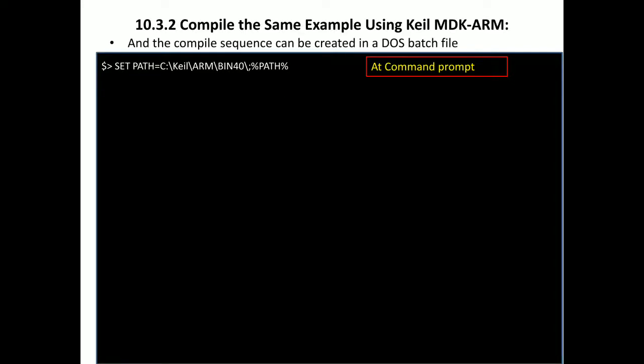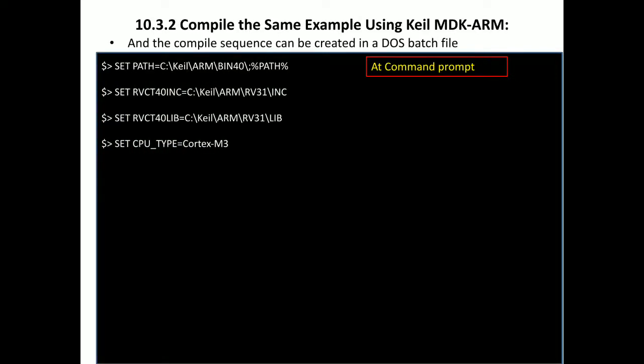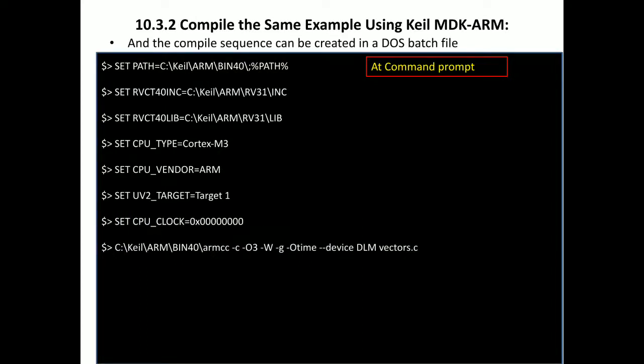When we develop the program, we need to dump it to the hardware. First set the path, next set the include file, set the library file, then set the type of the architecture, set the name of the vendor, and set the hardware name. Then set the clock, start the clock, and execute.